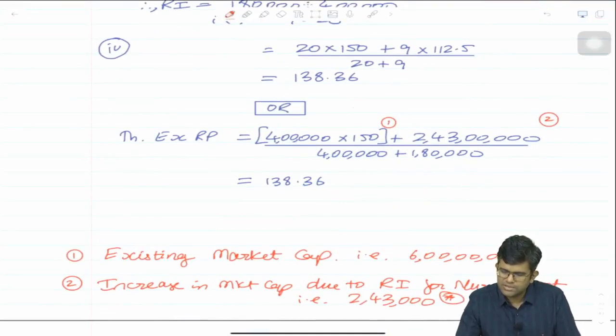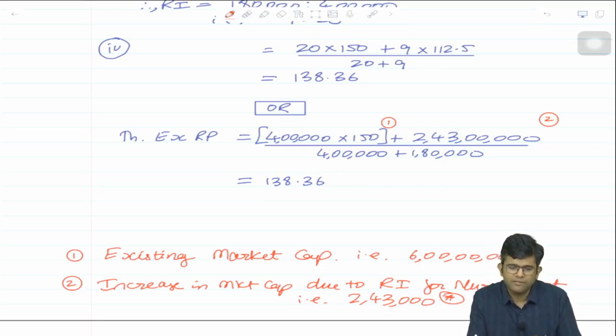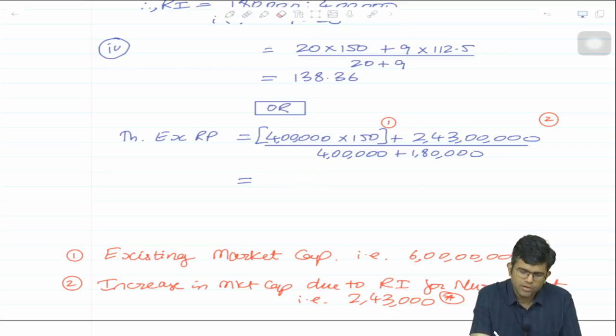This is 6 crores plus 2 crore 43 lakh divided by 5 lakh 80,000. 145.34 is the new number.